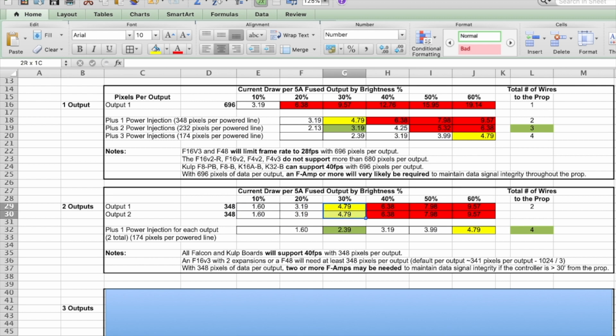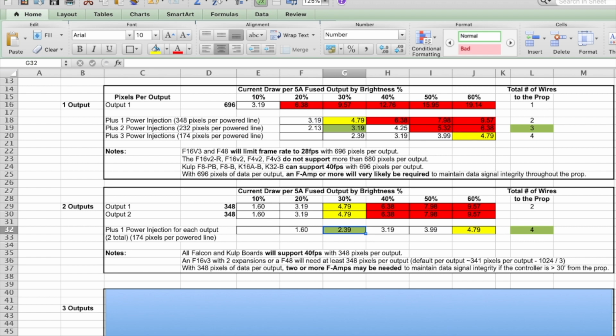At 30% brightness, you're starting to get to the margin level of the 5 amp fuse, so if you're doing 30%, I would recommend at least one power injection, which brings your power per output and power injection line to 2.39 amps. Mind you, this is one power injection for each output, so we're really adding two power injection lines.